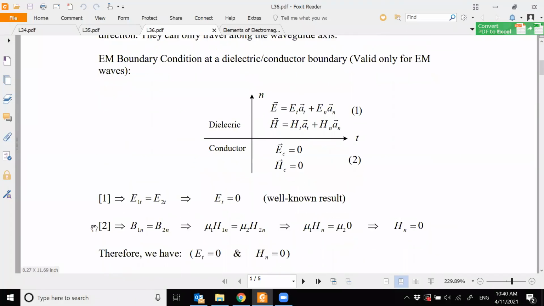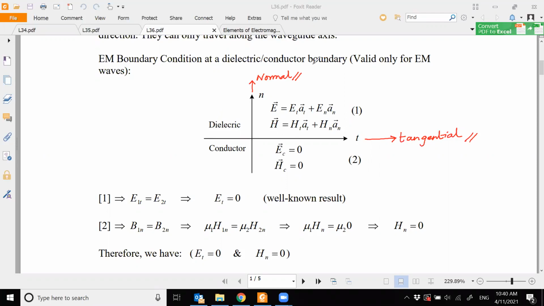So when I'm saying very general boundary conditions, I'm not restricting myself or telling myself that this is my x-axis, this is my y-axis, this is my z-axis. I'm just saying that this is the tangential direction, and this is the normal direction. So I am getting the boundary conditions in terms of tangential and normal components.